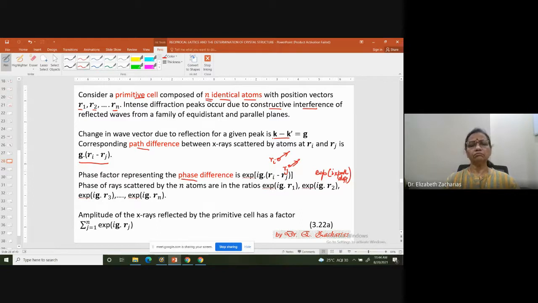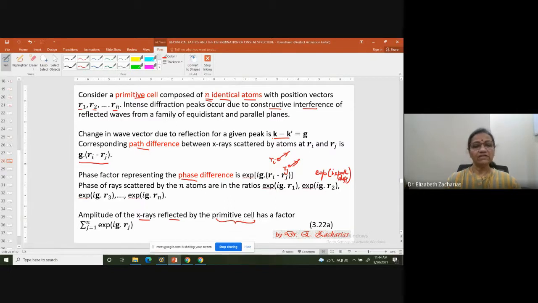Okay. Now, let us say your primitive cell has n atoms. Then you have to consider all these n atoms and talk about the amplitude of the X-rays reflected by the cell. You can talk about the amplitude of the X-rays reflected by the n atoms belonging to this primitive cell.